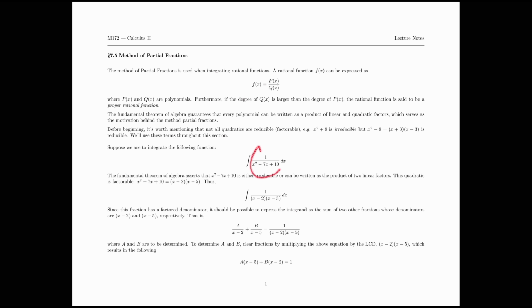So if you have a rational expression, and we're just going to assume that it's proper, that the degree of the bottom polynomial is larger than the top. So in this case, this is x to the 0th, so this is a 0 degree polynomial, and the bottom we've got a quadratic or a second degree. So this checks out, it's proper. So what we're going to do is factor the denominator.